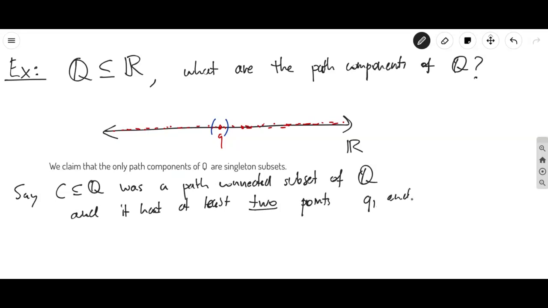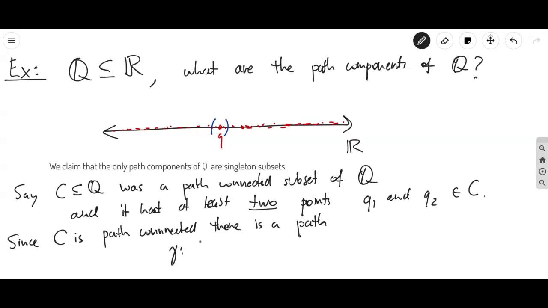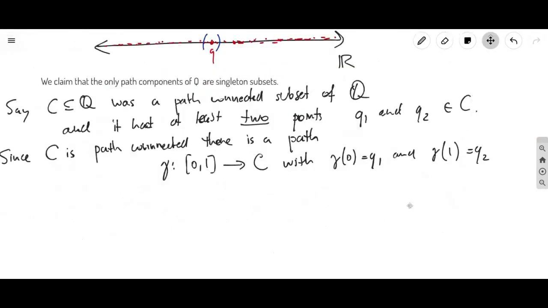Let's call those points Q1 and Q2, 2 rational numbers in Q. Since C is path connected, there is a path gamma from [0, 1] into C with gamma of 0 equal to Q1 and gamma of 1 equal to Q2.